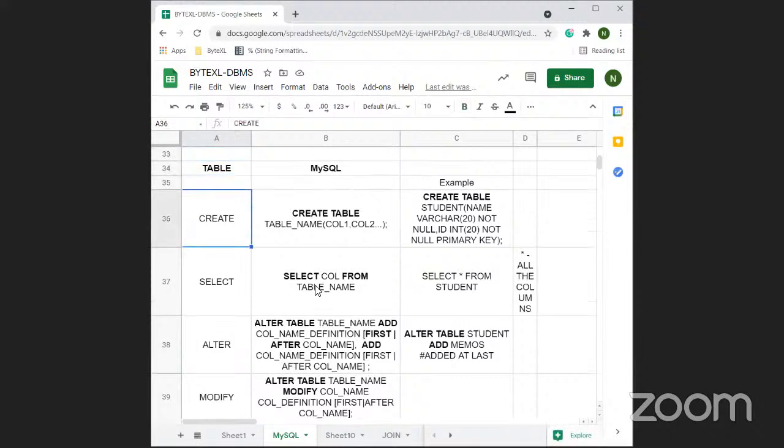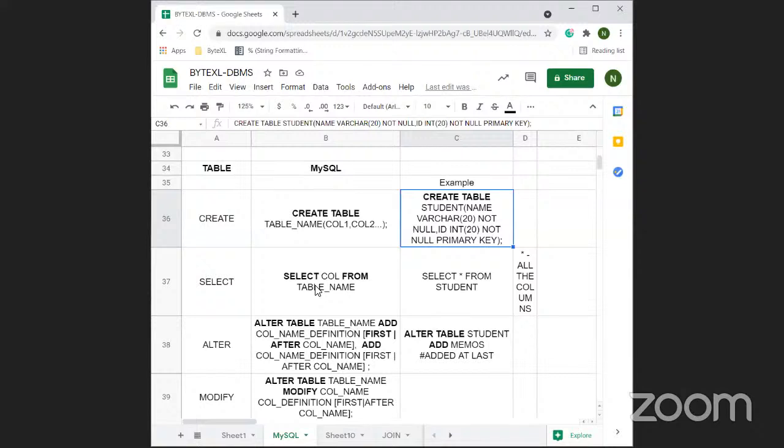Using these keywords, most of the questions will be asked for almost all exams.